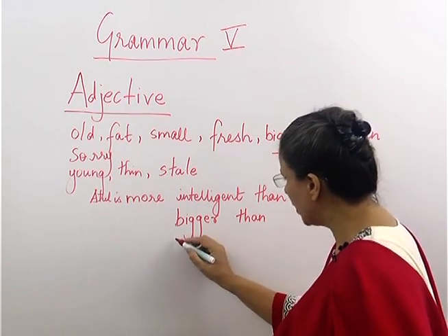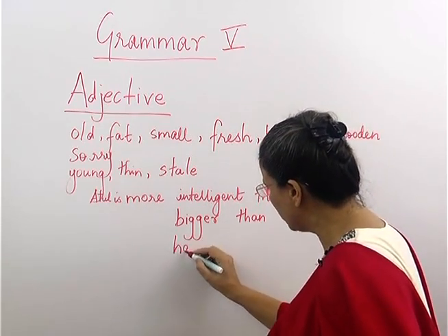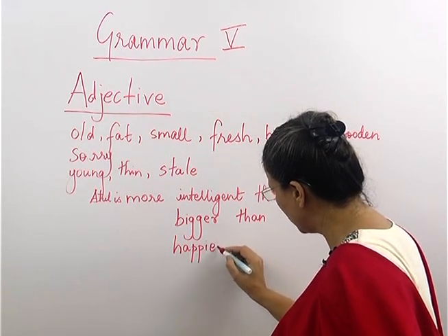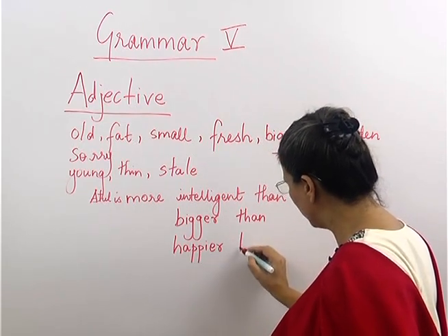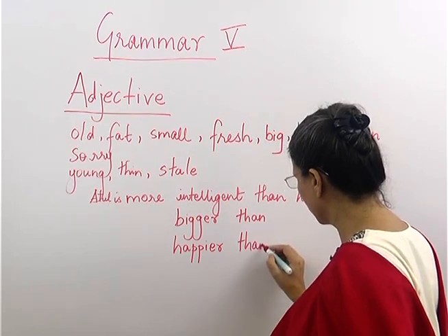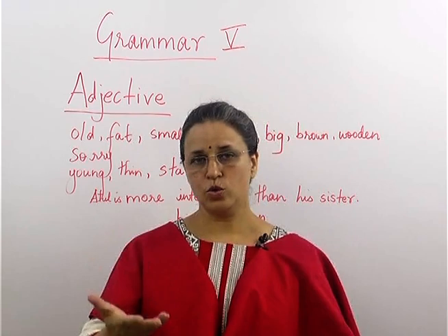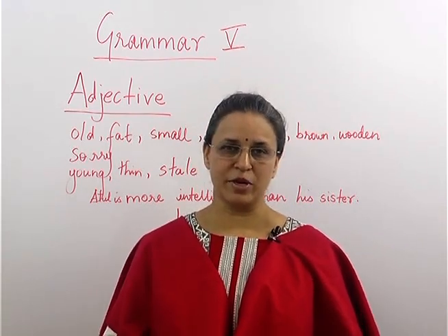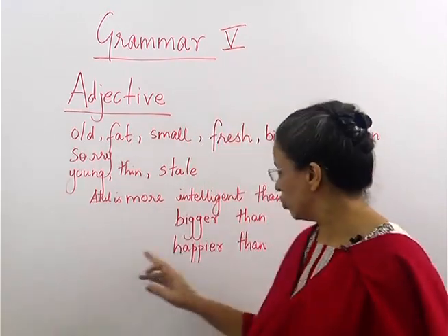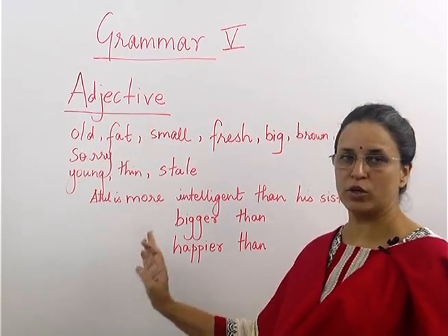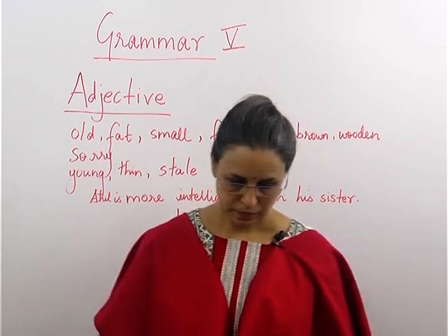So happy ends with Y, but it will become HAPPIER, and then we will take than. Suppose I say I am happier than you are, because I don't have to study for my exam. So I will use happier than, but in positive degree we will take happy only, HAPPY.